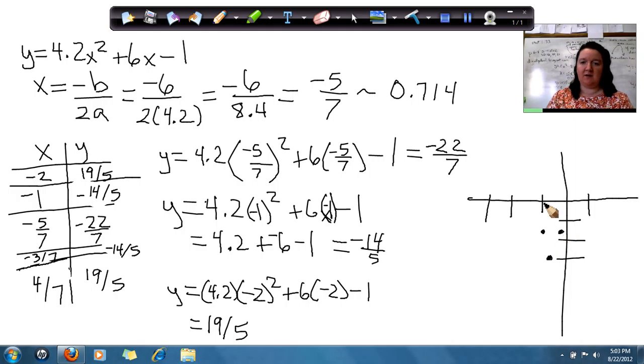And then if I have a negative 2, it was up at 19 over 5. 19 over 5 is 3.8. So 1, 2, 3, 4. If I go to a negative 2, up to a 3.8 there. And the positive number is 4 over 7, so that's probably something like there.